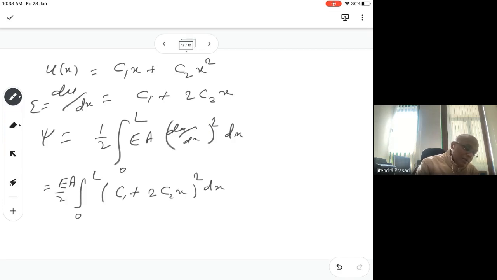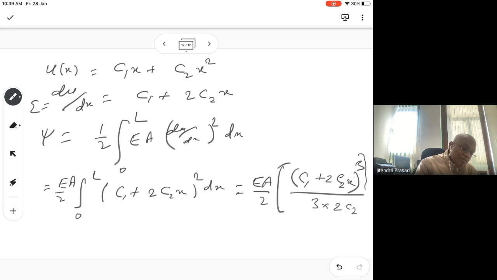Okay, and that will equal EA over 2, and then we can write it as C1 plus 2 C2x cube over 3 divided by 2C2, right? We have integrated from L to 0. Is that fine? You guys are with me?